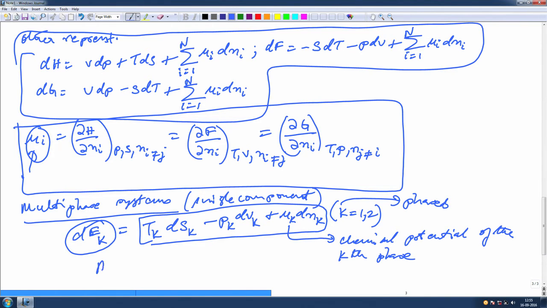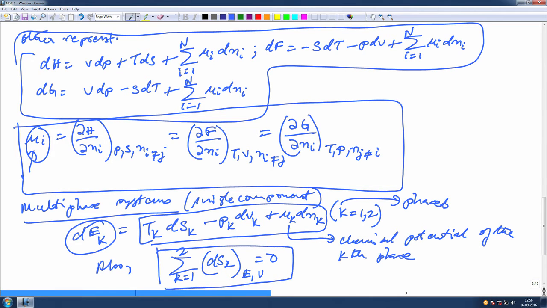Also, summation over k equal to 1 to 2 of dS_k, which is the change in entropy for constant energy and constant volume, is equal to 0, correct. So, the change in entropy for constant internal energy and constant volume is equal to 0. Since E and V are constant, the change in internal energy of the two phases must also be equal to 0.